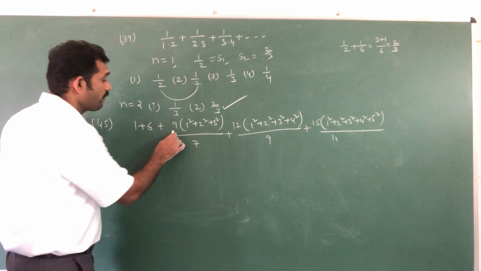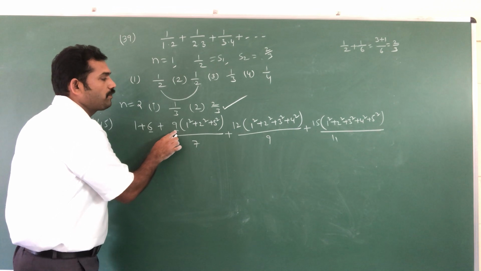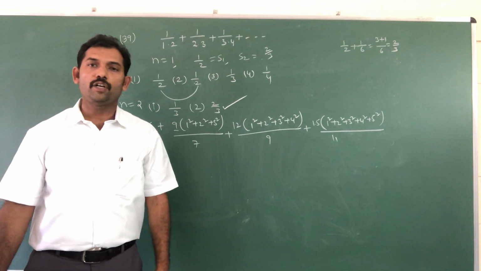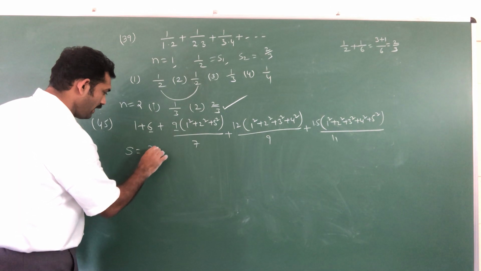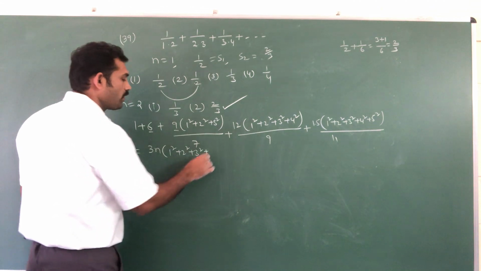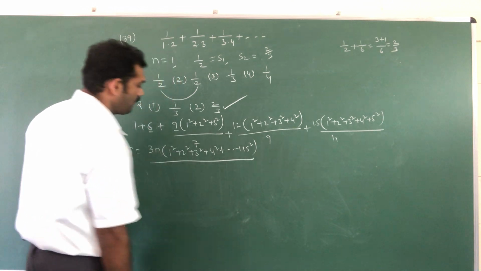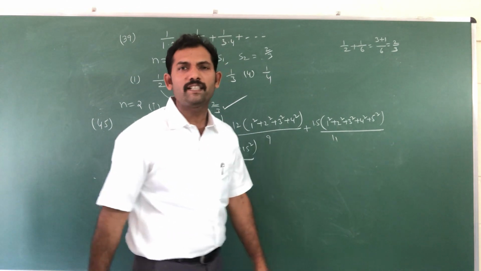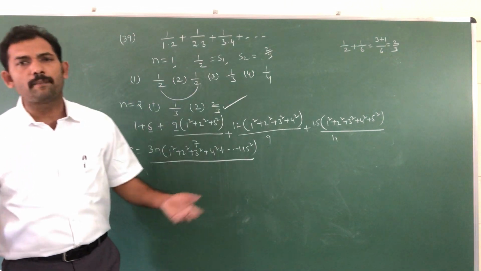See in that numerator value, 6 is a multiple of 3, 9 is a multiple of 3, 12 is a multiple of 3, 15 is a multiple of 3. So you can write this value as 3n of 1 square plus 2 square plus 3 square plus 4 square and so on up to n square, divided by what is remaining? 7, 9, 11, the difference is 2, so the numbers are in AP.